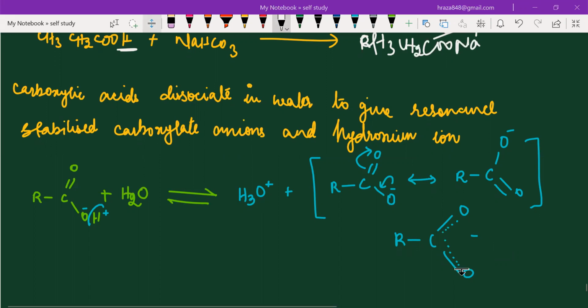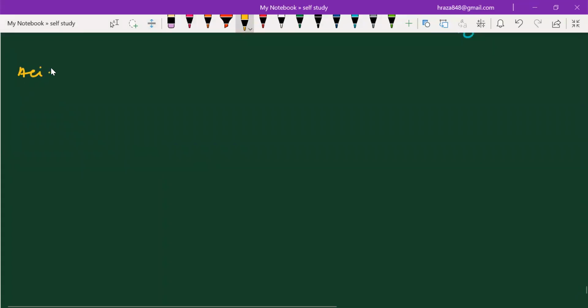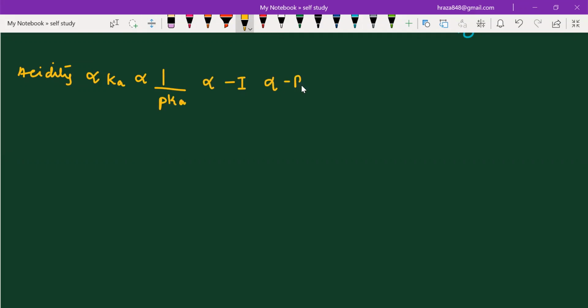Very good. Now see, we are going to talk about acidic character or acidity. Acidity is basically directly proportional to the acid dissociation constant, which is inversely proportional to the pKa value, and also directly proportional to the minus I electron withdrawing group, and also directly proportional to minus R, the resonance that withdraws electron, inversely proportional to plus I, and also inversely proportional to plus R. So in short, you know what is acid?